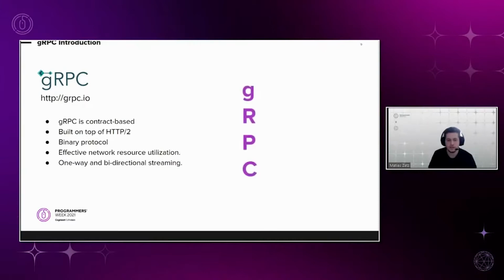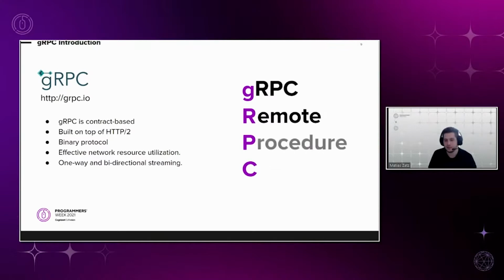So what does gRPC mean? It actually means a couple of things. At the most basic, it's the gRPC Remote Procedure Call. It's a recursive acronym, just like PHP, GNU, Unix, you name it. Some say that the G is for Google, but I don't know.